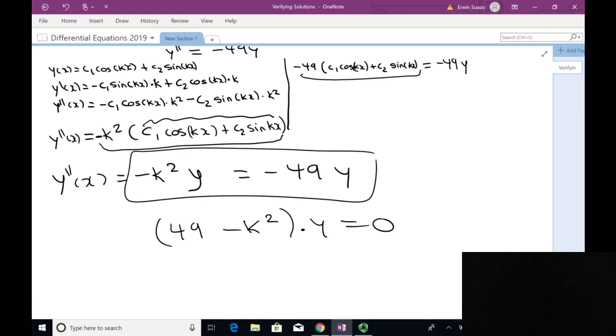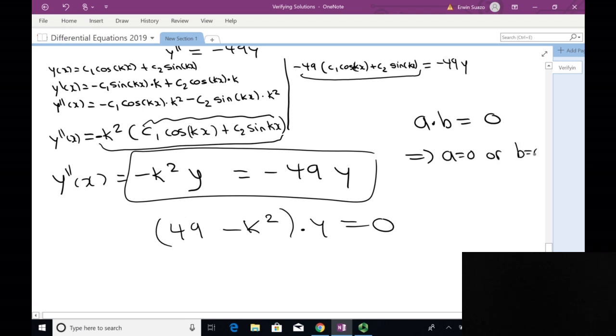There you go. There is a very important property in real numbers, and that's why we work with real numbers.